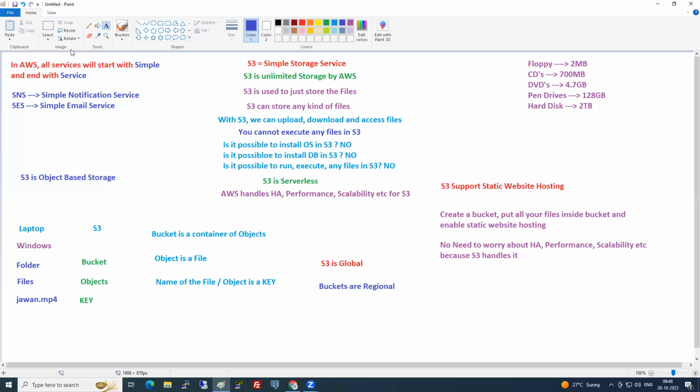So that's why S3 is global. And the bucket names that we give are universal. That means if anywhere in the world someone has created a bucket called hello, you cannot create the bucket here, because bucket names are universal. So that's why S3 is global. Buckets you can create in every region, and all the buckets are visible in one place only. But don't worry, when we go deeper into S3, we will learn more topics.